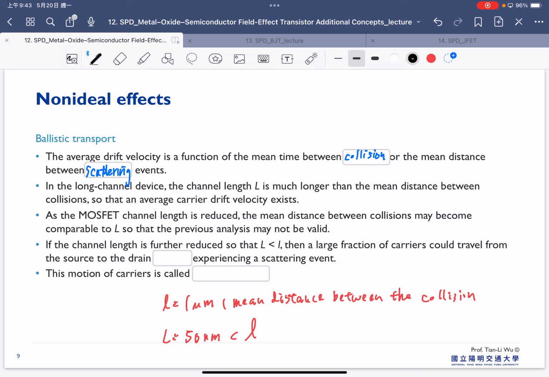In this case, we can consider that when the electron travels in the channel, it won't face any collision process, and this is the case we call ballistic transport.